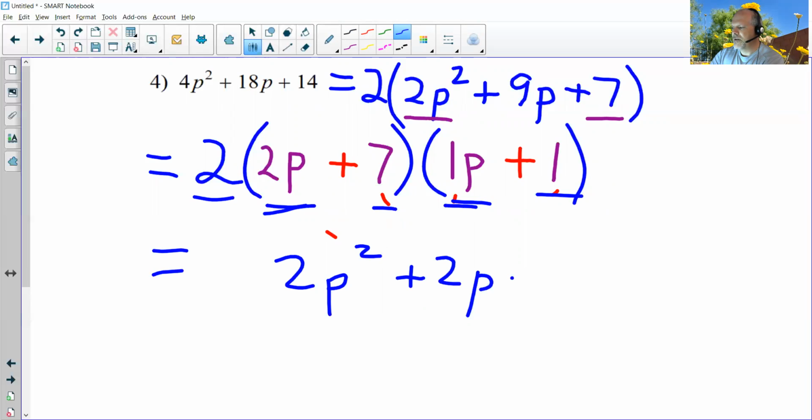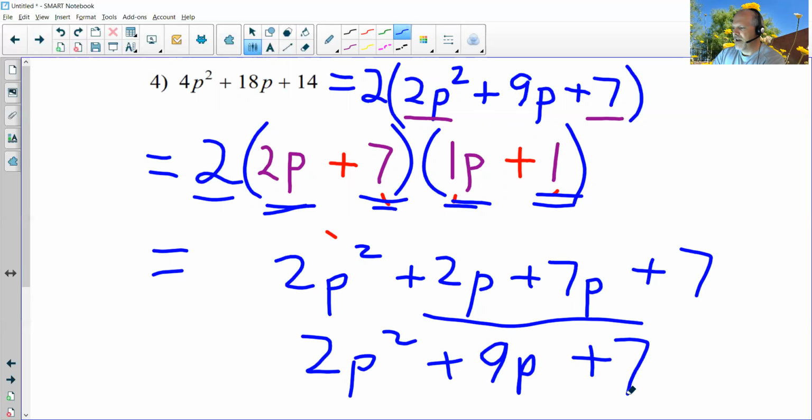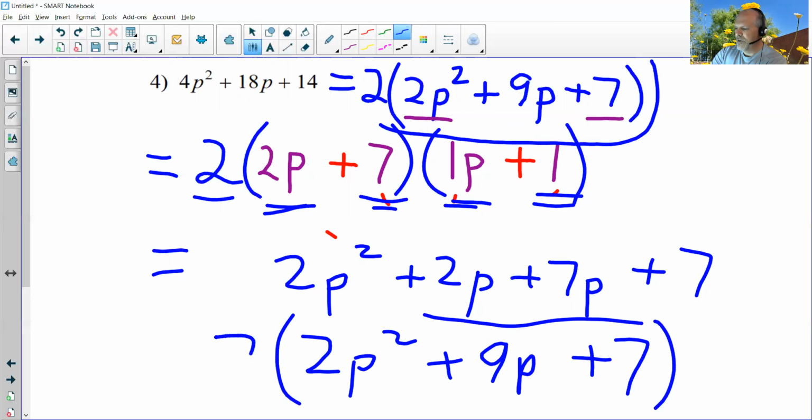Inside times inside is plus 7p. And last times last is plus 7. Combine these two together to get 2p squared plus 9p plus 7. And that does match what we have up here. And then we will put the 2 in front. And if you distribute that, you'll end up with the original trinomial.